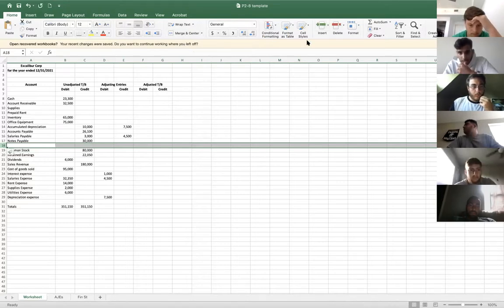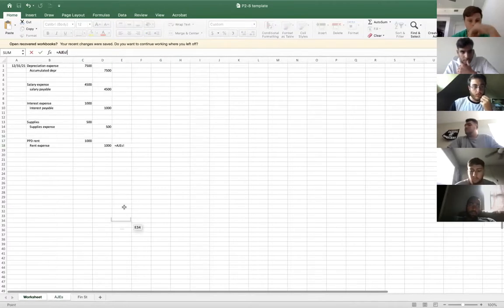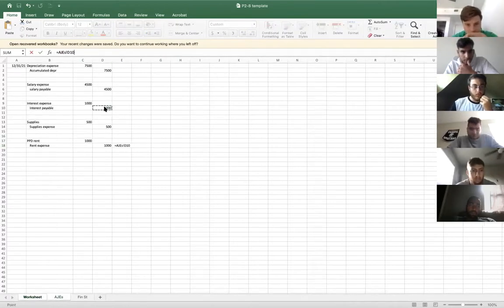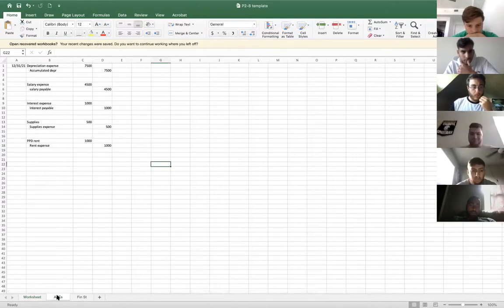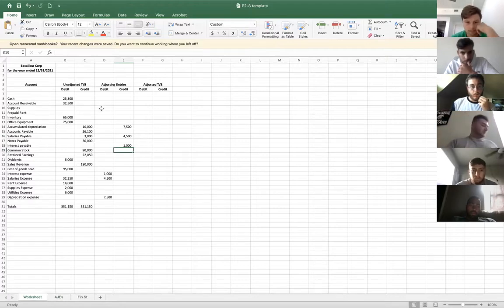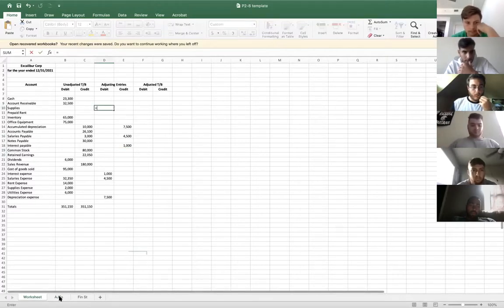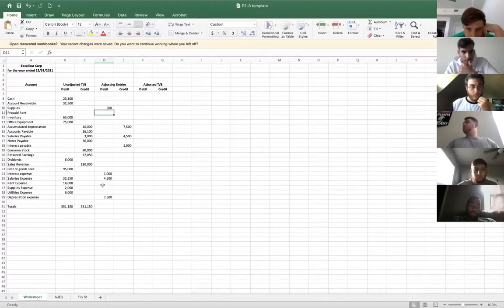Here we go, insert. So I want to insert interest payable, and it's a credit. Supplies is a debit. And supplies expense is a credit.